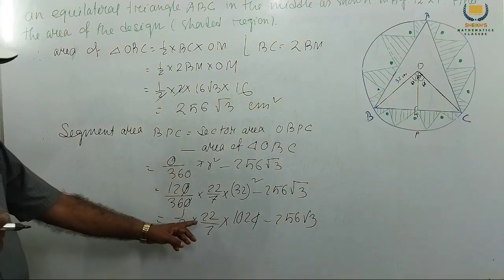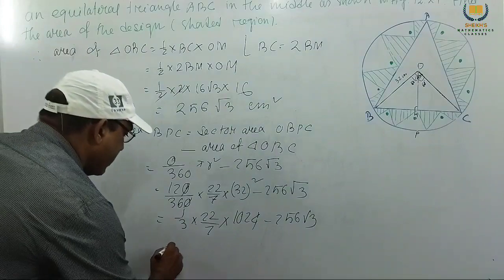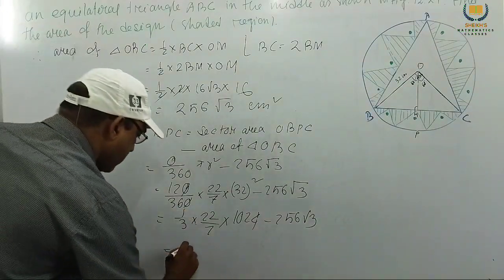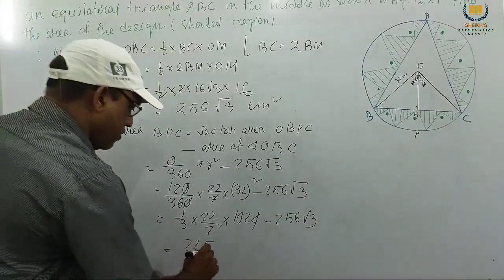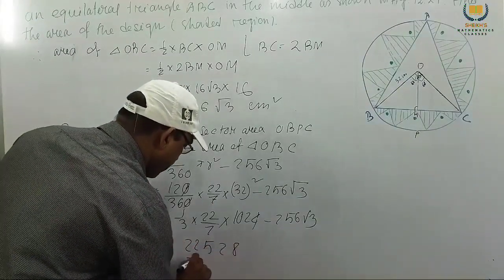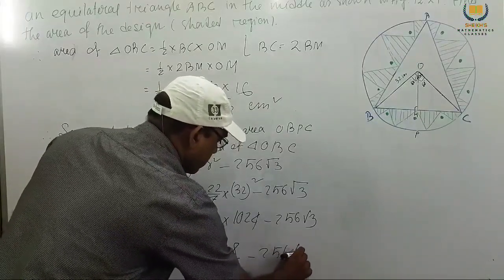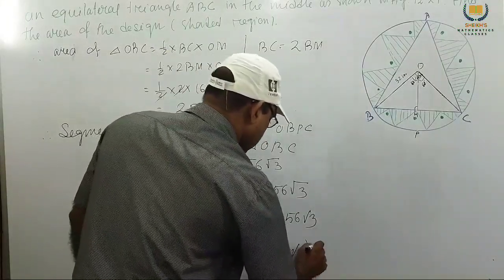If we multiply 22 into 1024, we get 22528 by 21 minus 256√3. This is centimeter square.